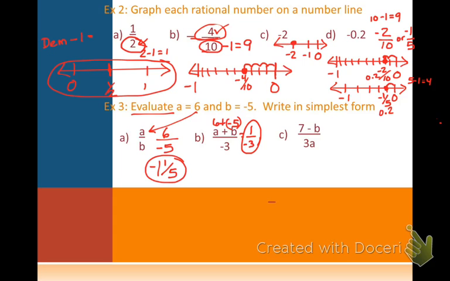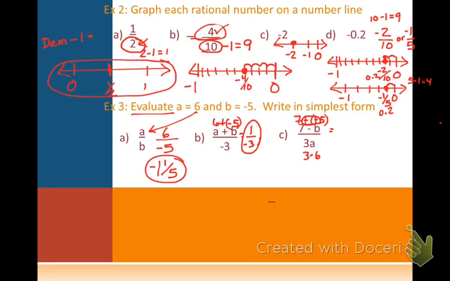C. I have 7 minus, B is negative 5, over 3 times 6. All right. Again, you need to take the two negatives. Remember, we're adding its opposite, so it's going to be 7 plus positive 5.